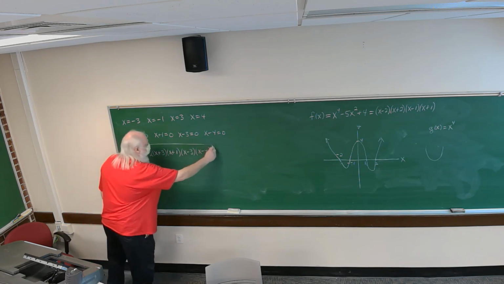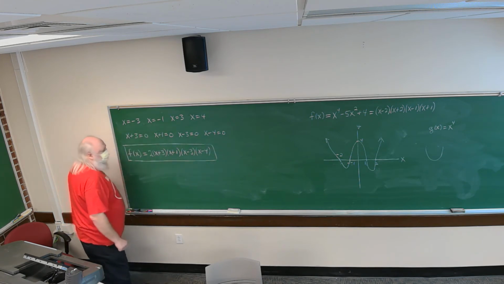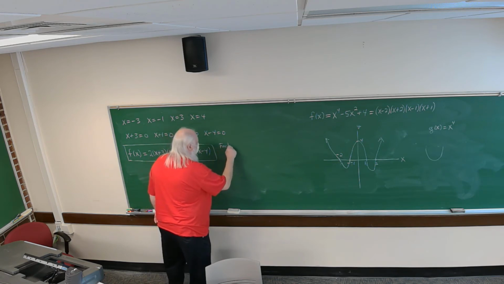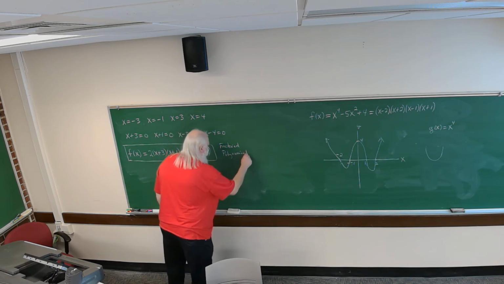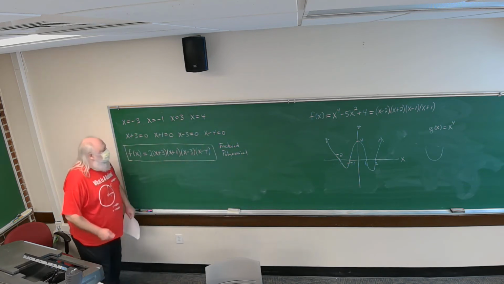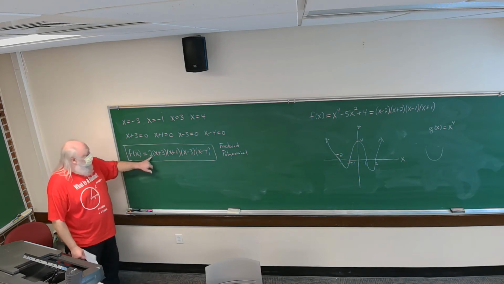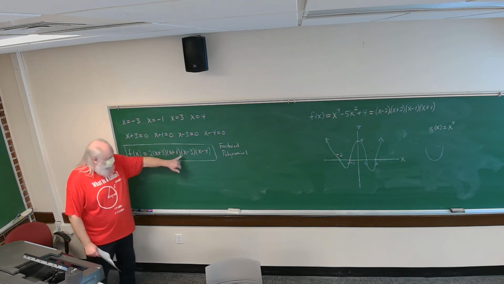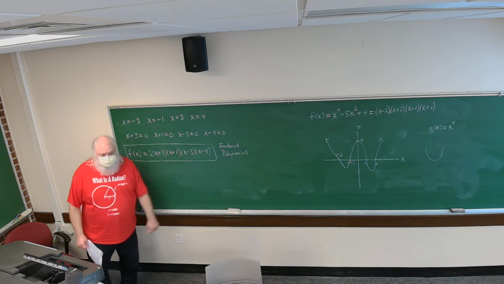So this is a factored polynomial that has a leading coefficient of 2, and the x-intercepts are at x equals minus 3, x equals minus 1, x equals plus 3, and x equals plus 4.